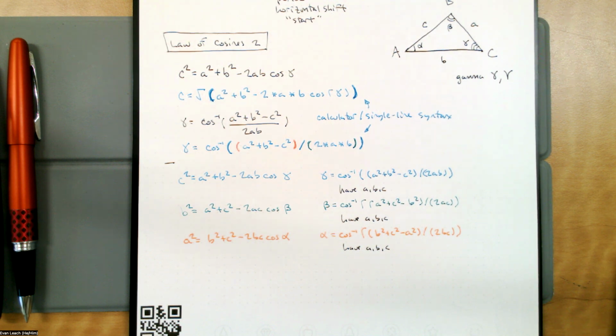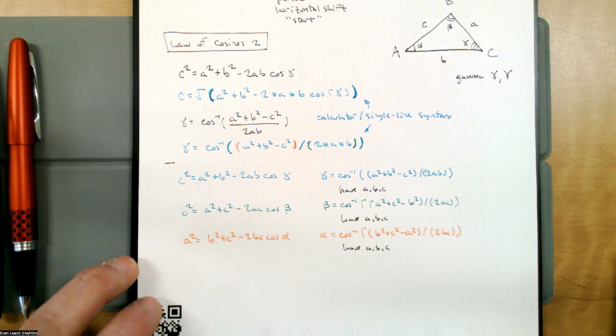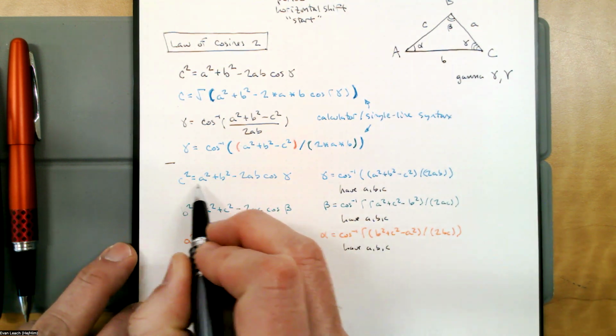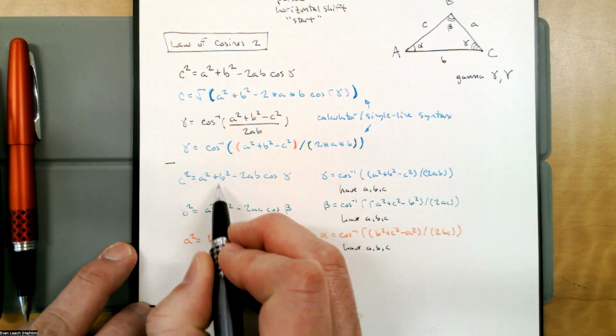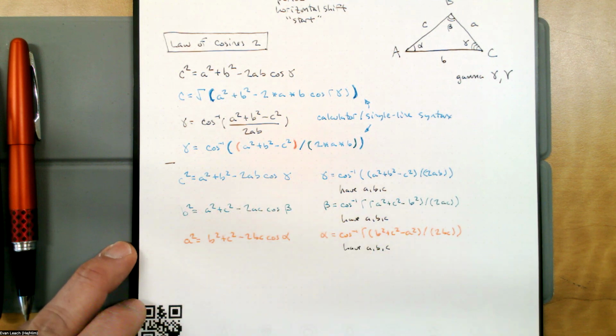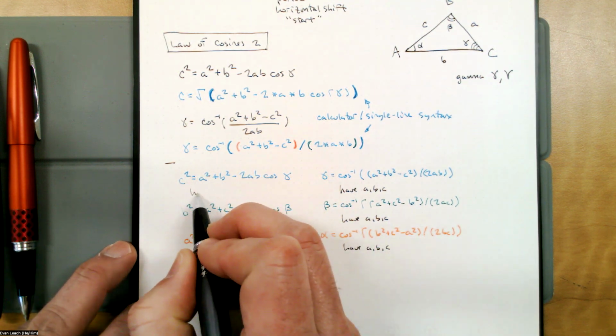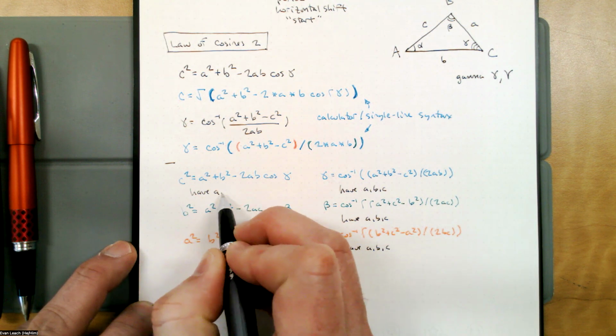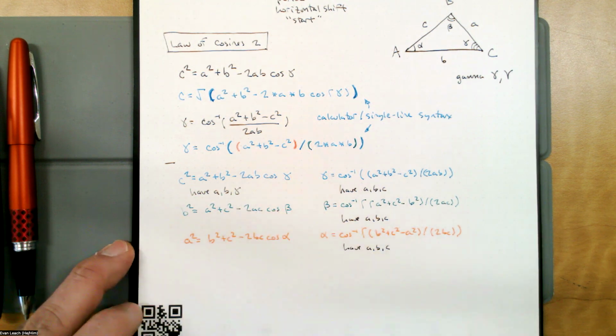On the other side of using the law of cosines, in the side-angle-side case, we don't really have a choice of what we find first. If I give you two sides and the included angle, you don't have a choice about what you find first. For example, notice that in this first line, c squared is equal to a squared plus b squared minus 2ab cosine of gamma, we have a, b, and gamma.